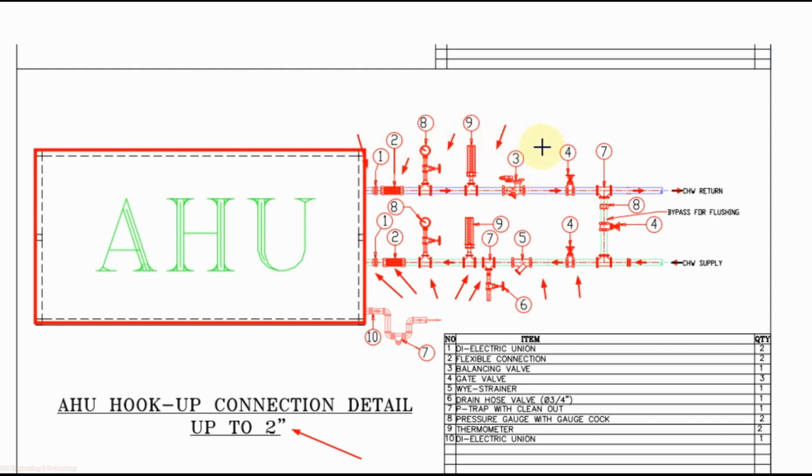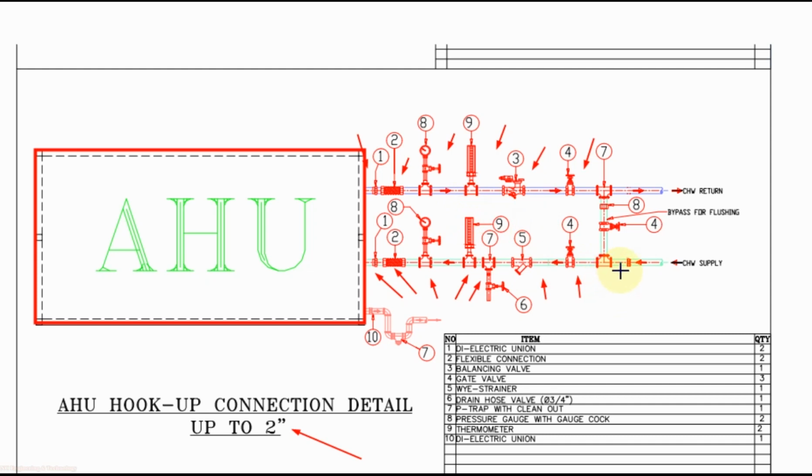Here we use the balancing and control valve. Most commonly we are using now pressure independent control valve, or you can use DRV, automatic flow limiting valve, as per your requirement. Then gate valve. Then we provide the bypass between supply and return, and the size of this bypass generally is the same as the supply and return, but you can have a smaller size also for it.